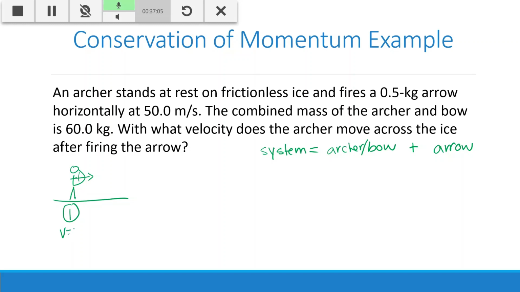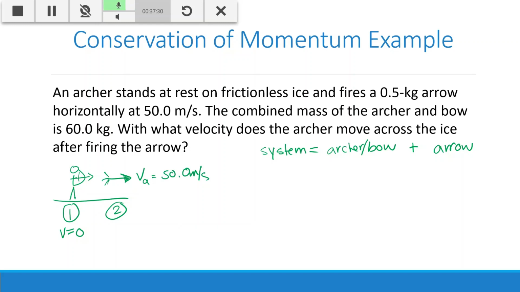Our initial state is that both the archer and the arrow are at rest. Later on, at some unknown time, they didn't give us the amount of time, the arrow over here is moving with a speed of 50.0 meters per second.